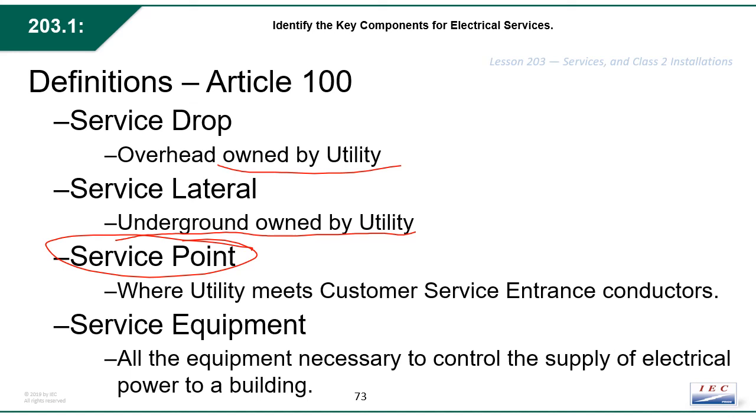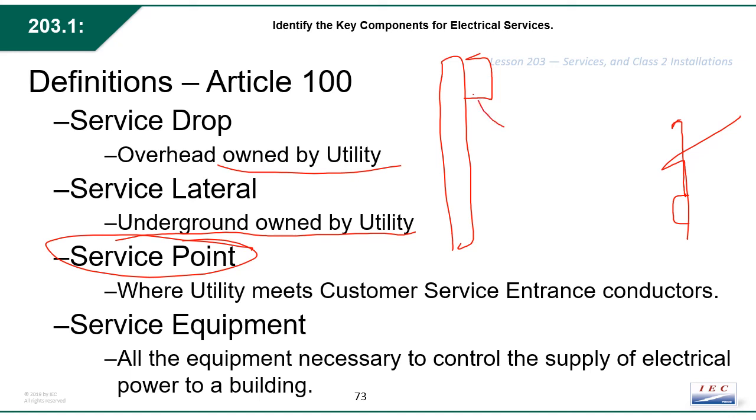So let's say utility has a pole with a transformer on it. You got a house here with a meter cabinet and a weatherhead. And the electrical utility installed the service entrance conductors, the service drop from the transformer to the weatherhead.